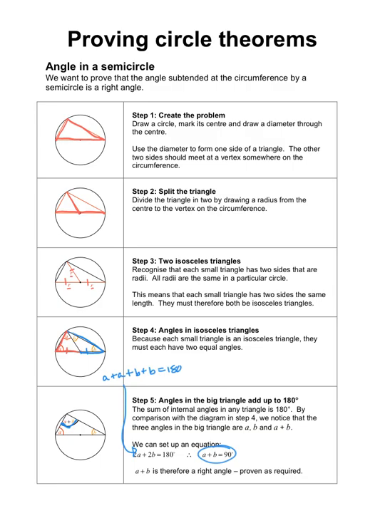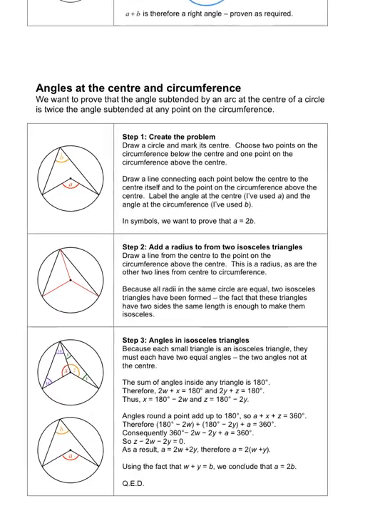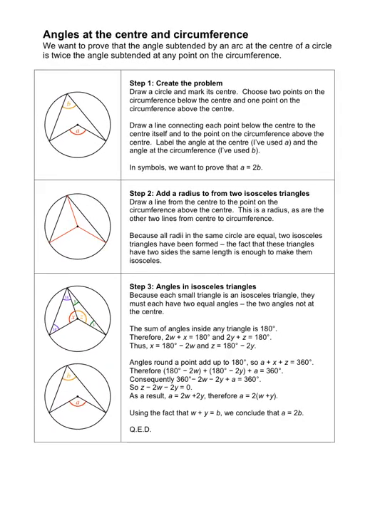So let's continue on. In this proof, we're going to prove that an angle inscribed in the same arc as a central angle is either half its measure, or we could say the central angle is twice its measure.